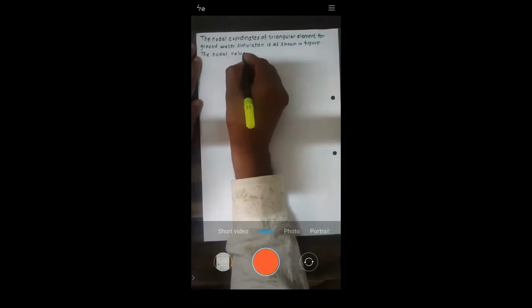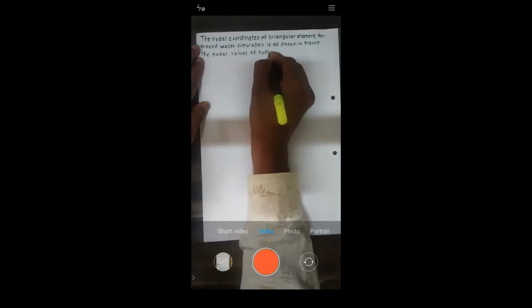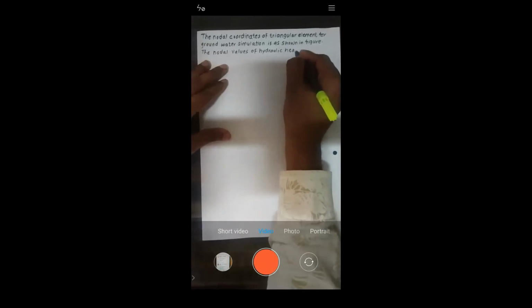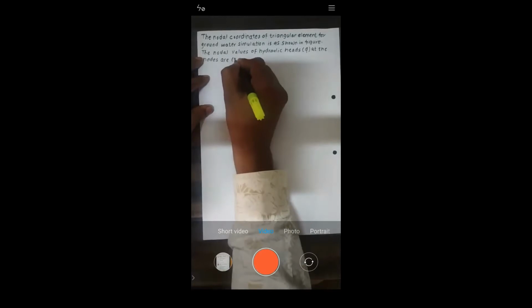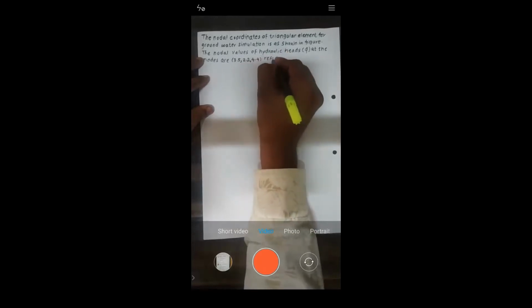The nodal values of hydraulic heads, phi, at the nodes are 3.5, 2.2, 4.4 respectively.